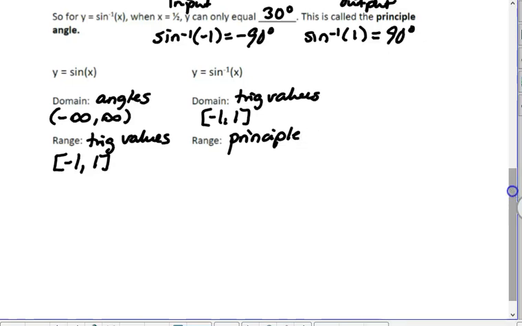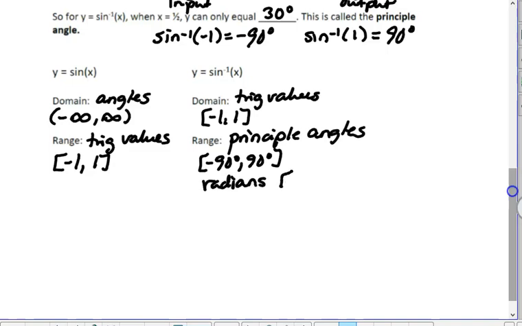So the principal angles are only between -90 and 90. If I'm in radians, then that would be -π/2 to π/2. Or if we're in decimal form for radians, that would be -1.57 to 1.57.